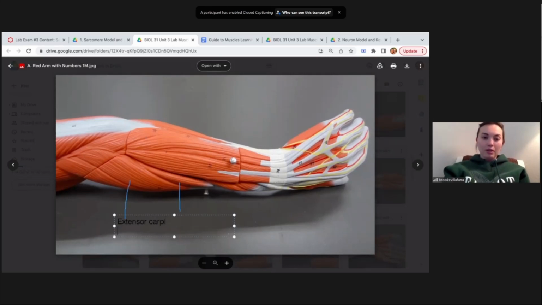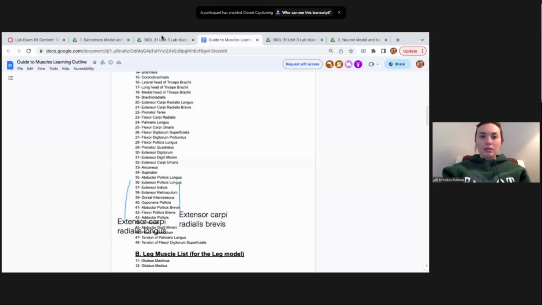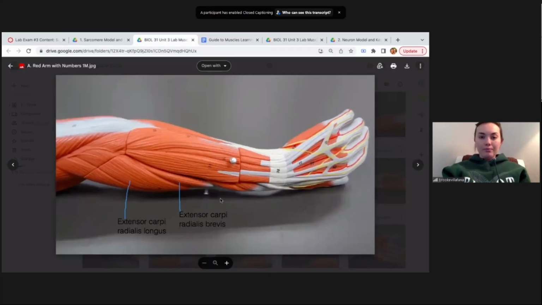Then you have your extensor digitorum, I believe, 30. Extensor digitorum right here. So it's easy to remember because it extends the digits, right? Extensor, like we said, this is the extending side, and it extends the digits of your hands.